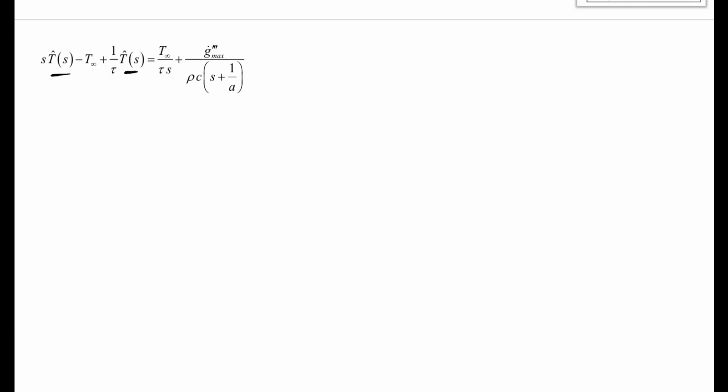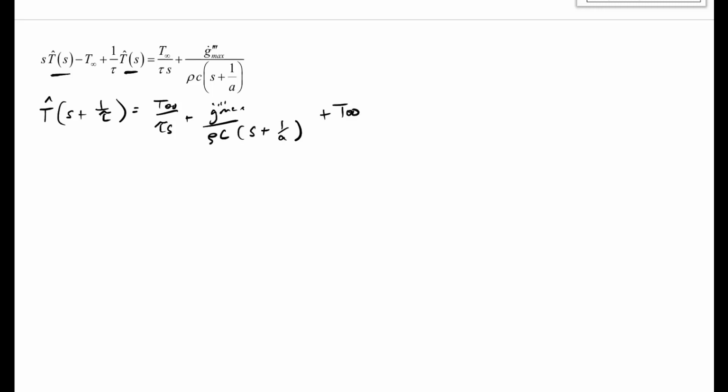In this case, we can just pull out T hat times S plus 1 over tau is equal to T infinity over tau S plus G dot triple prime max over rho C times S plus 1 over A in the denominator, and then that plus T infinity.